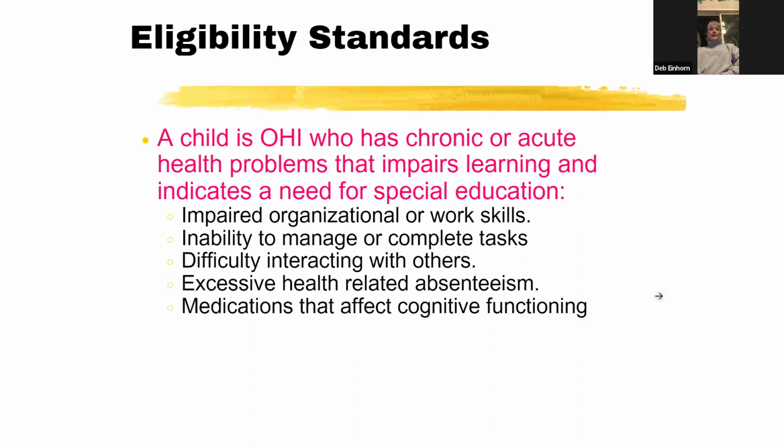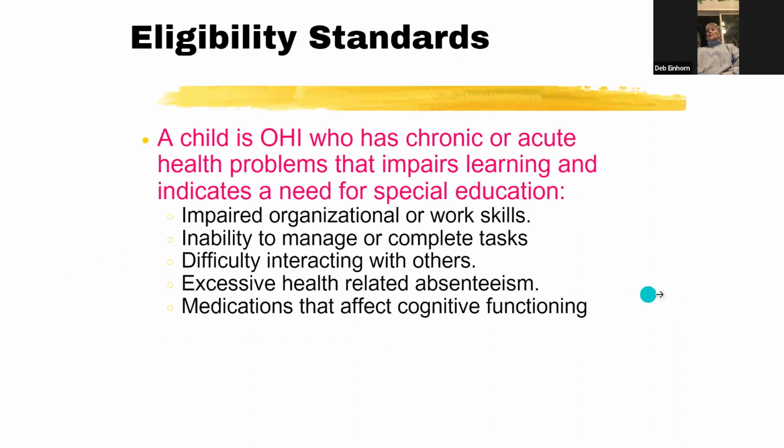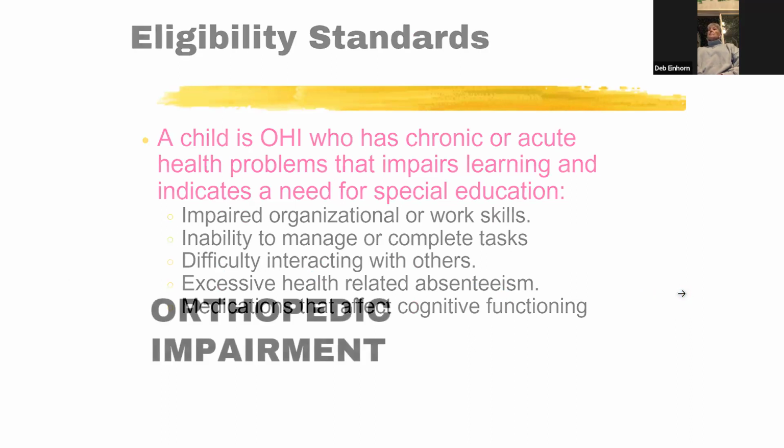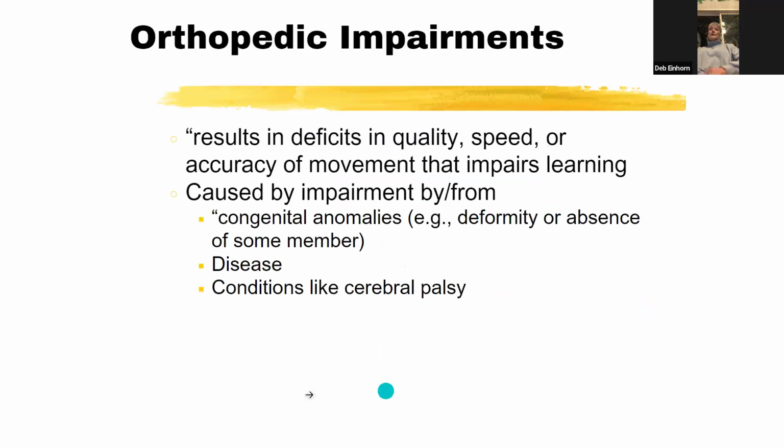So students that have significant health issues might have to miss a lot of school, and therefore they're going to have interruptions in their learning, might need some home school services temporarily or during hospitalizations, and also might require medications that might have an impact on their cognitive functioning, or might cause drowsiness or sleepiness that impairs their ability to pay attention. So those would be accommodations that would have to be considered when you're developing an IEP.